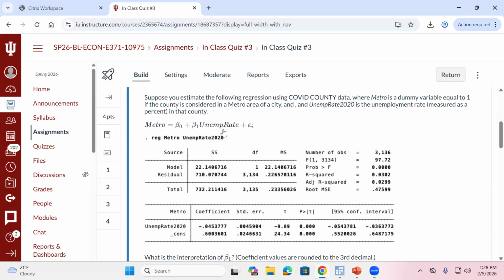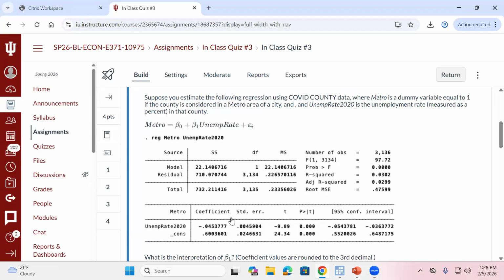If the unemployment rate goes up by 1%, right? Then the Y variable goes down by 0.045. What is the units of a dummy variable? Well, I can either see a 0 or a 1. So 0 would mean there's a 0% chance that it's a metro county. 1 would mean it's a 100% chance it is a metro county.